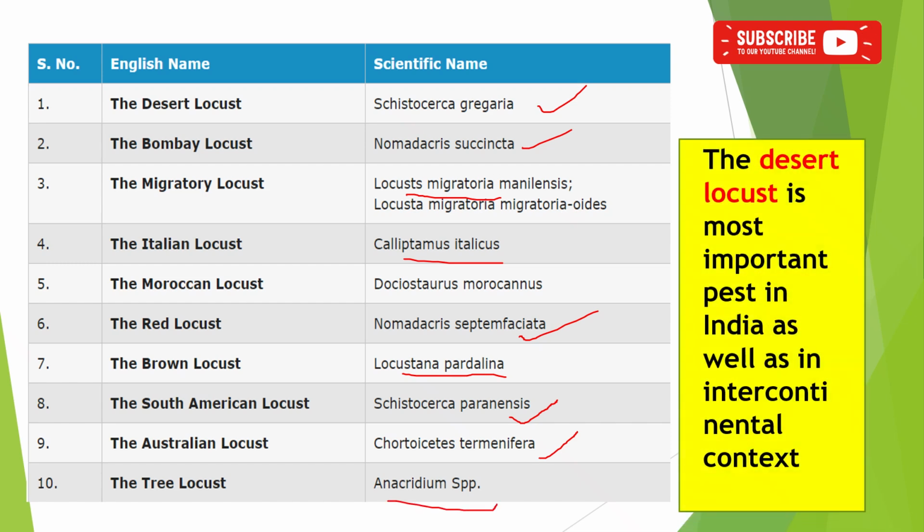Out of these, the desert locust is one of the important pests in India as well as in the international context.